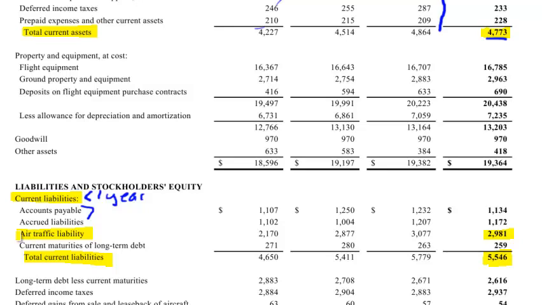The other time that this air traffic liability, which you also often see abbreviated as ATL, becomes extremely important is when airlines become financially vulnerable, when they're in dire straits.